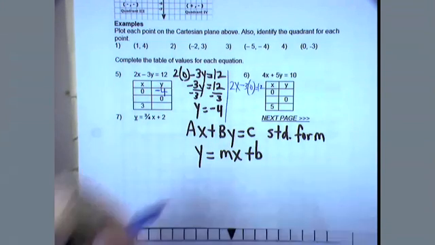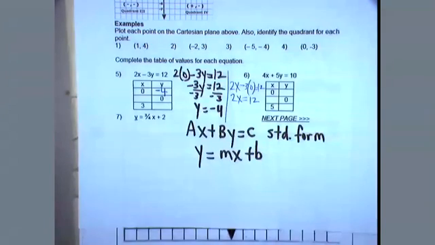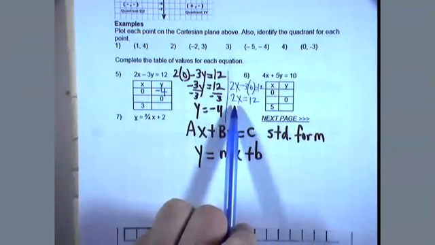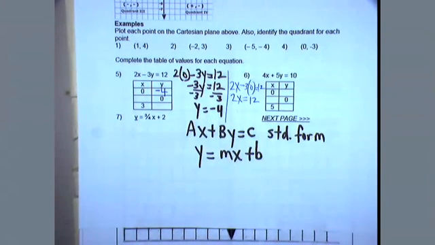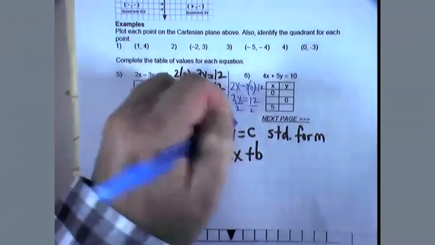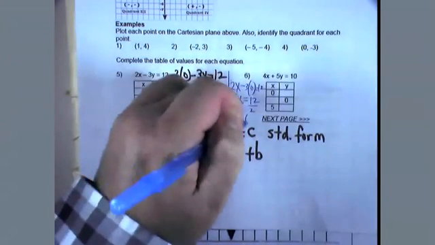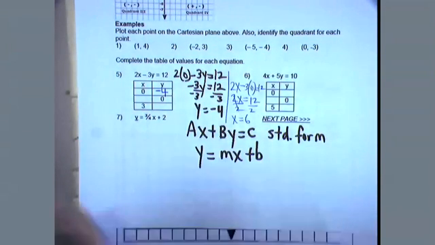So we're left with 2x equal to positive 12. And the last step to solve this equation is divide both sides by 2. Therefore, when y is equal to 0, x is equal to positive 6.